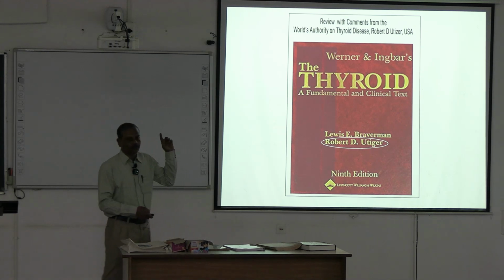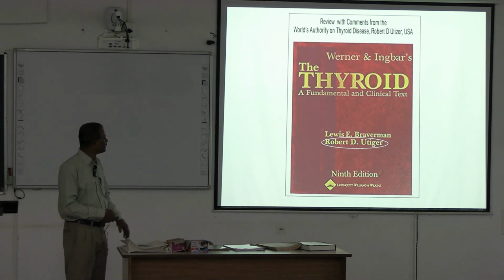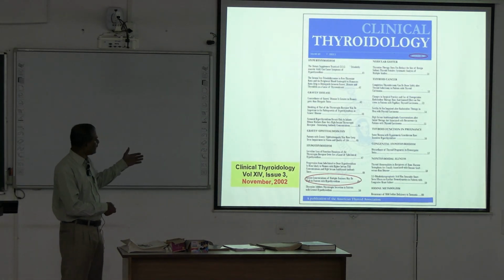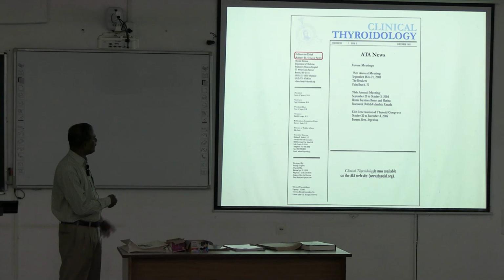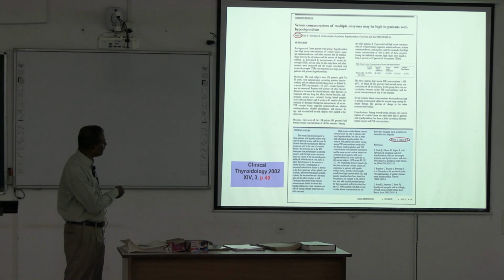Somehow my paper drew the attention of Dr. Robert D. Utiger, and he was kind enough, that is the American Thyroid Association publication, and my paper was abstracted. He was the editor-in-chief of that journal, and he made a summary of my paper and wrote a commentary.